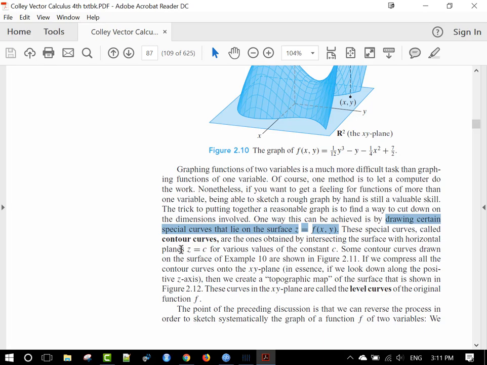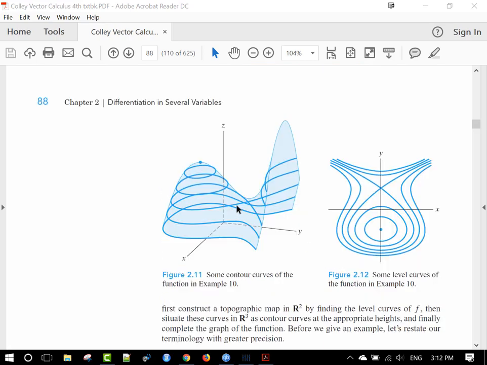We say z equals c. That gives you a horizontal plane. So a particular c, for various values of the constant c. And so we get different contour curves with different c's. Some contour curves drawn on the surface of example 10 from this example are shown in figure 211. So here, these are some contour curves.